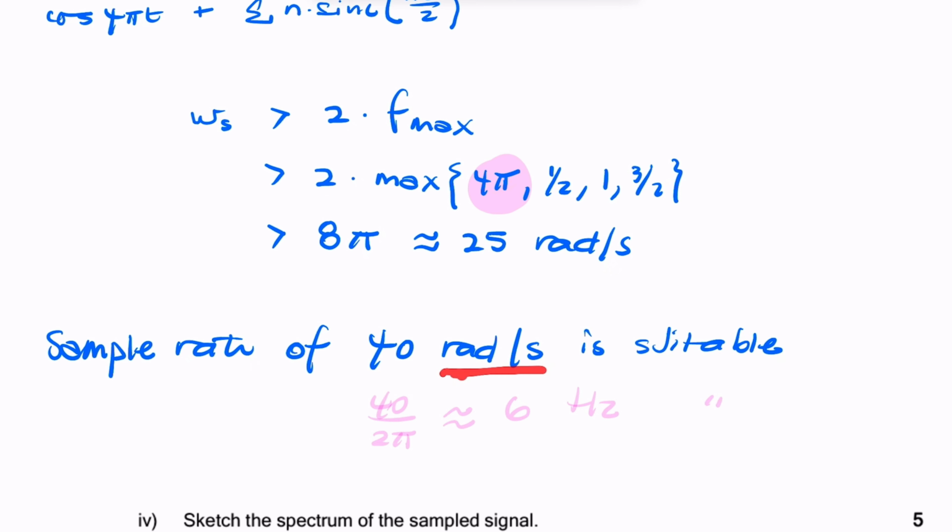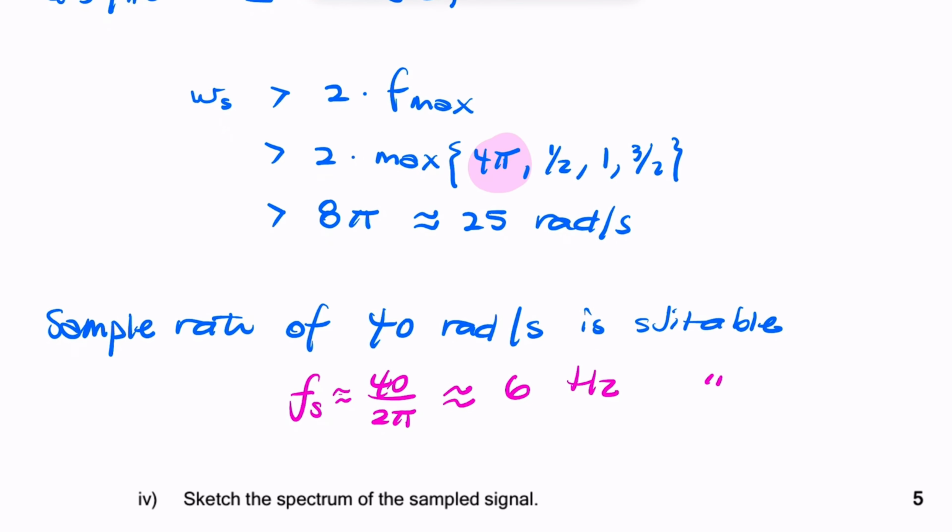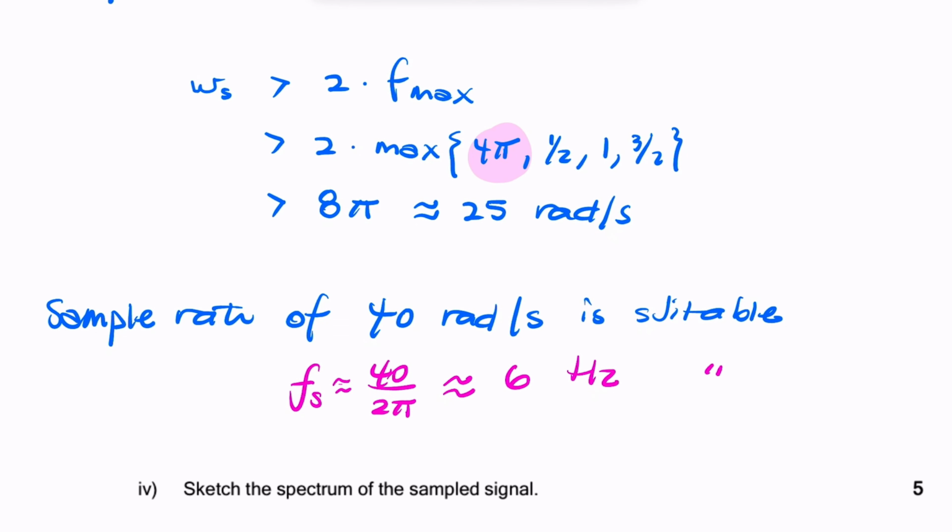And if we wanted to convert that to hertz, that would be 40 over 2 pi, which is approximately 6 hertz. And that's a suitable sampling rate. Why do we know it's suitable? Because it's considerably greater than the highest frequency amongst these two signals, x2 and x3. So that's how I would answer that part of the question.